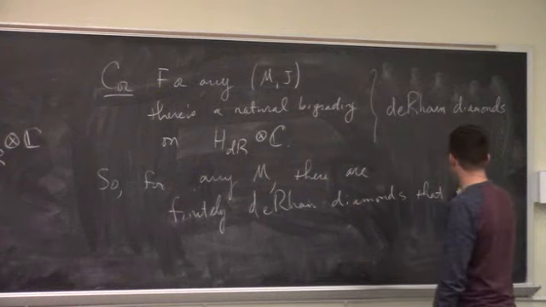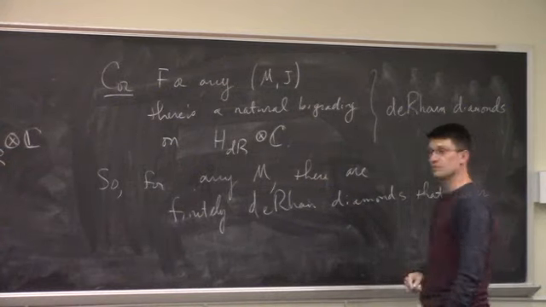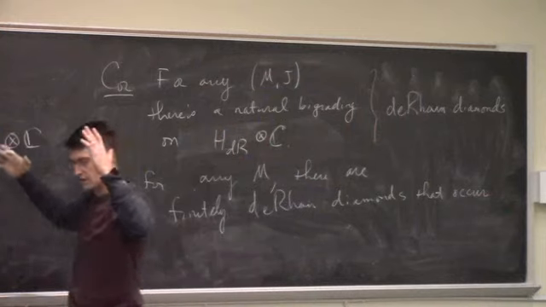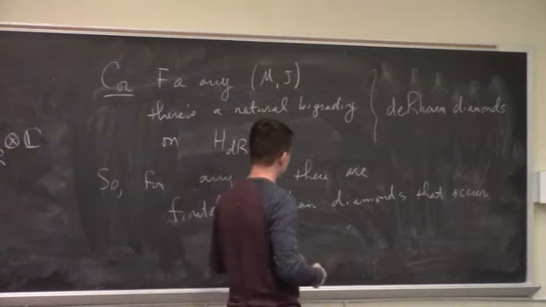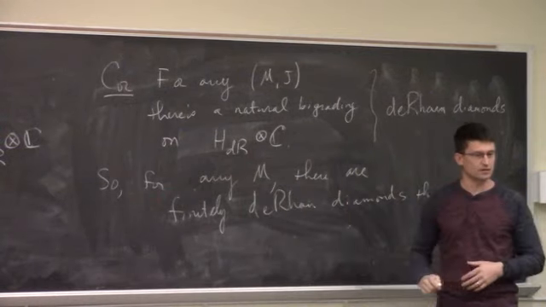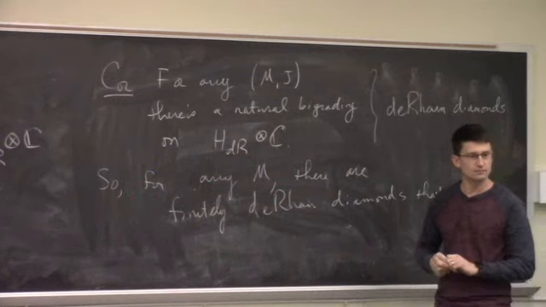There's a huge infinite dimensional space of almost complex structures, and there are finitely many diamonds like this. This works even in the non-integrable case, but it has to admit some almost complex structure.